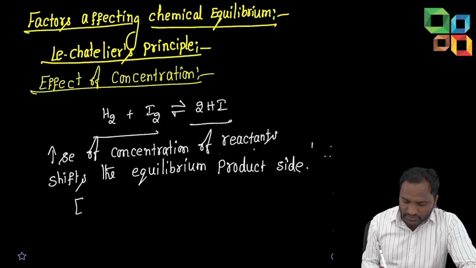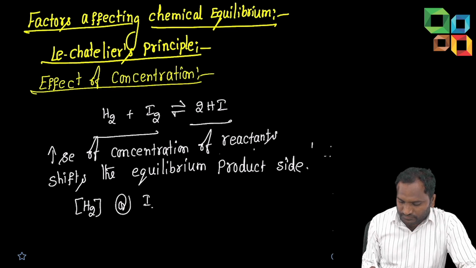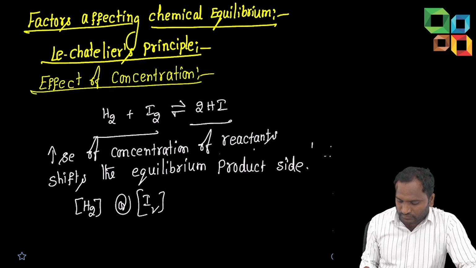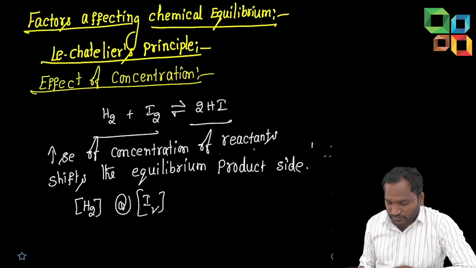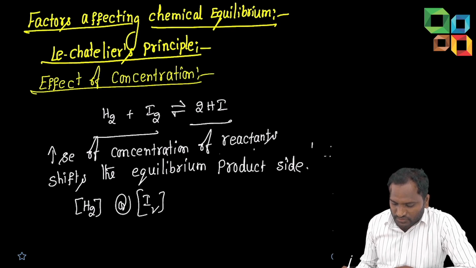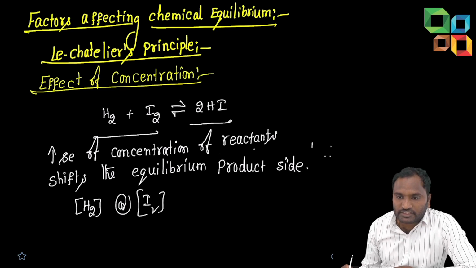So on increasing the concentration of H2 or I2, formation of HI will be more. It leads to the forward reaction. If you increase the reactant concentration, the equilibrium moves towards the product side.